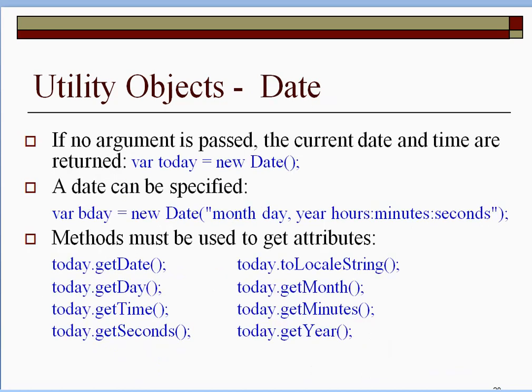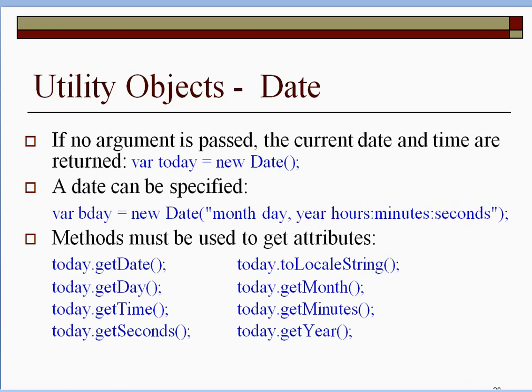If no argument is passed, the current date and time are returned by the date method. You can also specify a date in a particular format. So this will produce the date in month, day, and year, and then time in hours, minutes, and seconds.